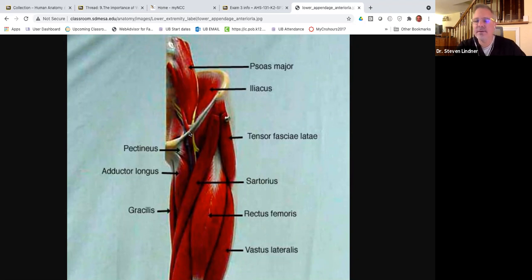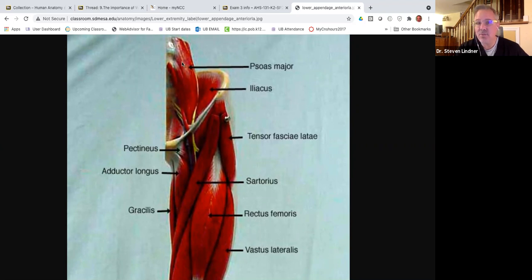They have one attachment site on the lesser trochanter. And these two muscles are now referred to as one muscle called the iliopsoas. We take these two names of muscles, we combine them, we call it the iliopsoas.